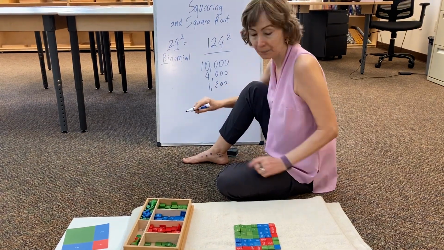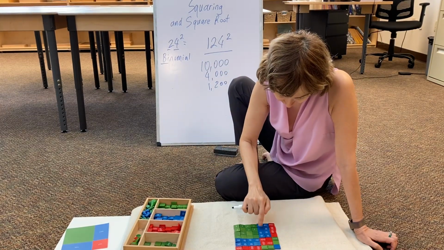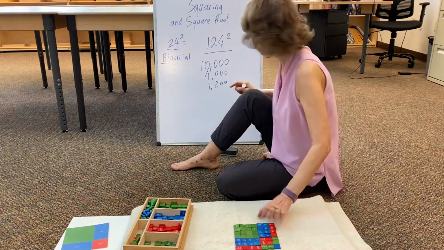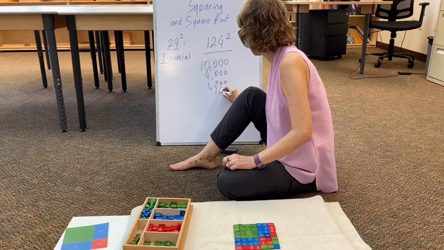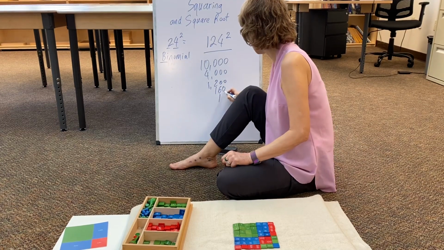All right. And how many tens do I have? 1, 2, 3, 4, 5, 6, 7, 8. 160. And I have 16 ones.